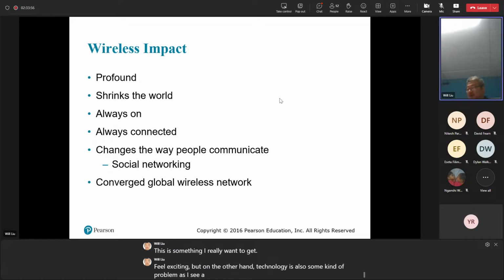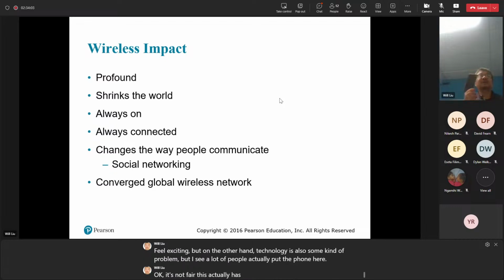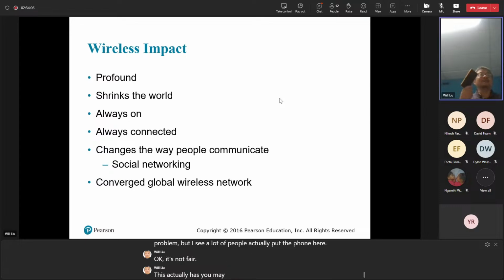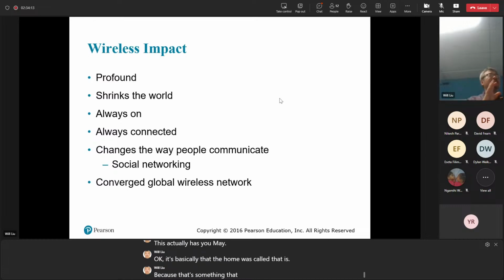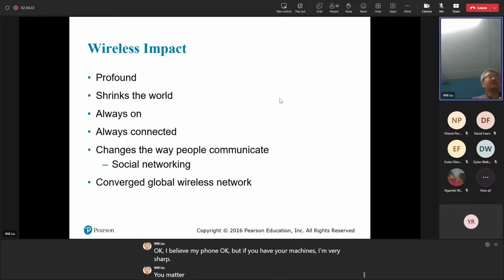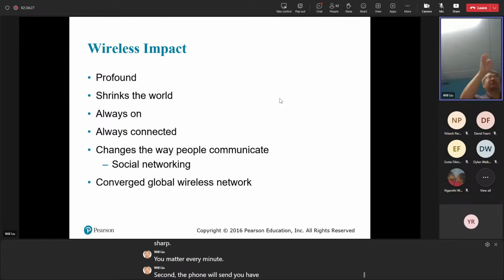I see a lot of people actually put the phone here. Okay, it's not fair. This actually has emissions. Even when you don't use it, I don't use my phone, but if you have very sharp machines, you measure every second, the phone will send some message to the system, saying, hey, I'm here.